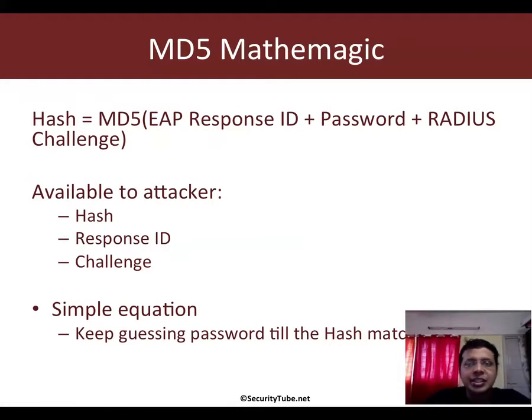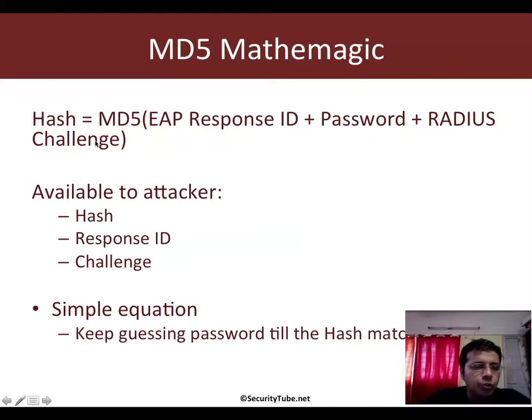This is actually the password which we entered in the Radius server's users file, which, if you remember, was username securitytube and password demo12345. Finally, this is concatenated along with the Radius challenge, which is the long 16-byte challenge which the Radius server sends.